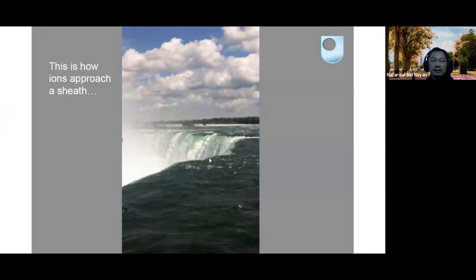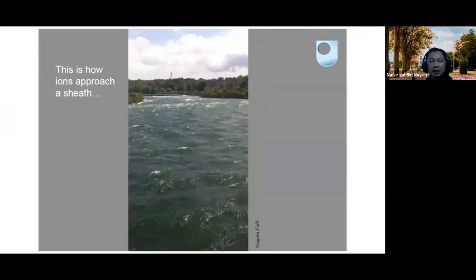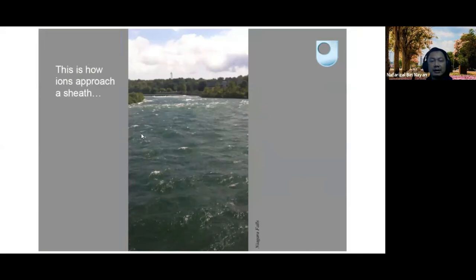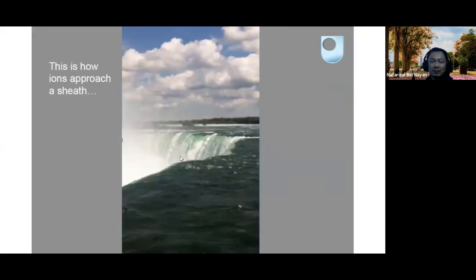So that's why you can see when the ion approaches the sheath, it is facing this phenomenon. So this is the ion. This is the electron. When the electron tries to approach the sheath, it will face this kind of phenomenon.